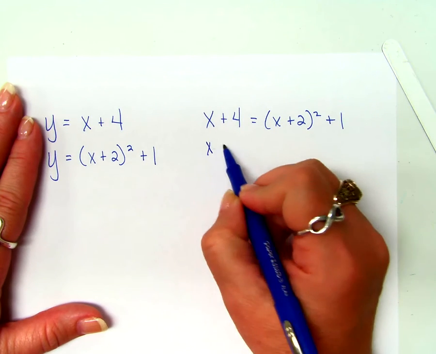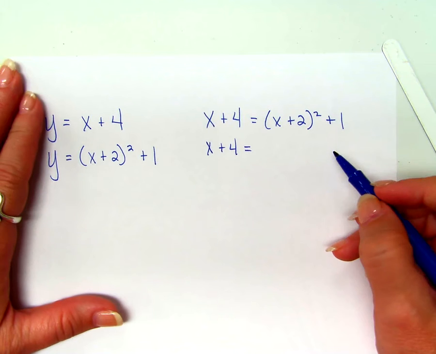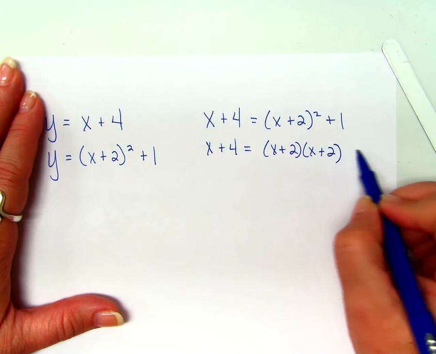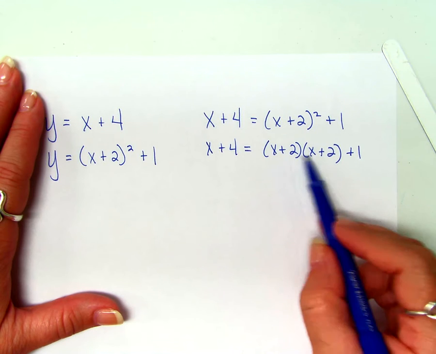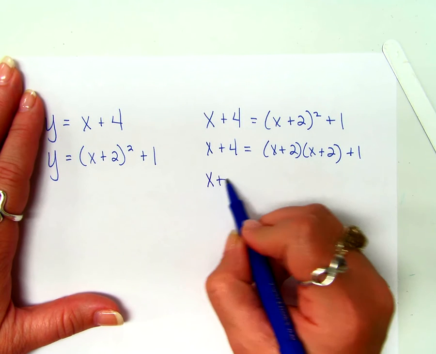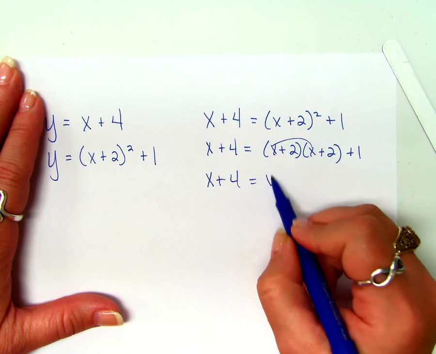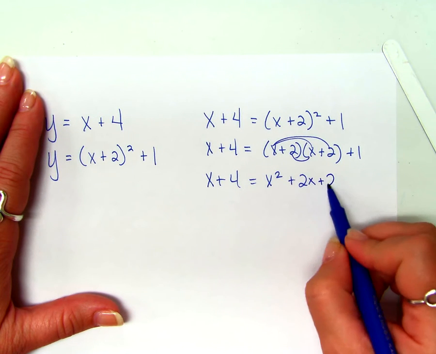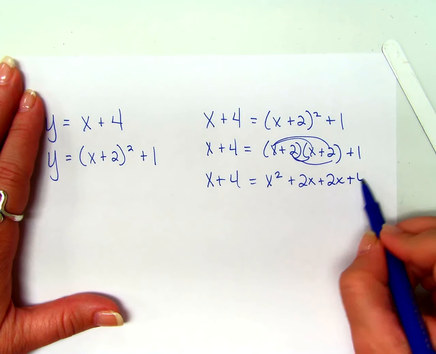So x plus 4 equals (x plus 2) times (x plus 2) plus 1. How do I do this? Distribute, right? FOIL. So x squared plus 2x plus 2x plus 4 plus 1.